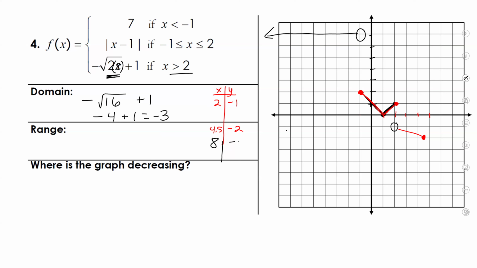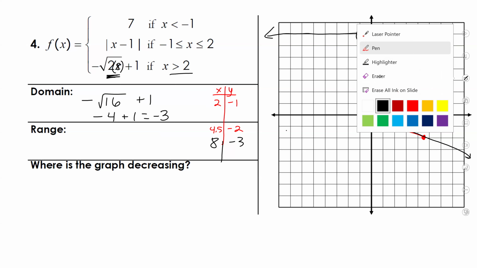So when we plug in an 8, 1, 2, 3, 4, 5, 6, 7, 8, we're at -3, right there. So your graph goes like this. So that's your piecewise function.